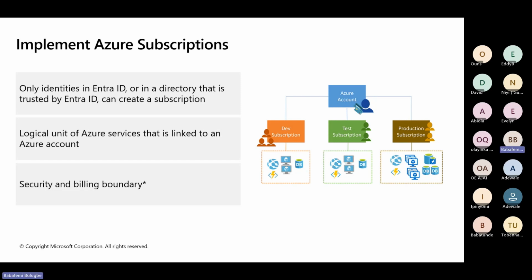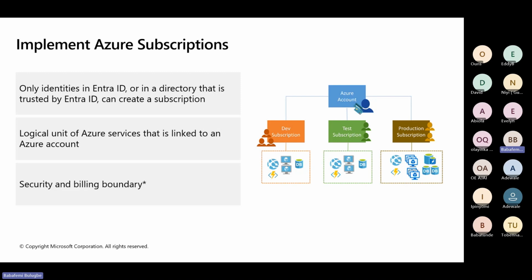The last class we talked about identity objects, like users, groups, applications, maybe devices. And to perform operations on these identity objects, you need to be assigned identity roles, Microsoft Entra ID roles, Azure AD roles, whatever you want to call it, which is different from the roles you need when you want to manage resources.